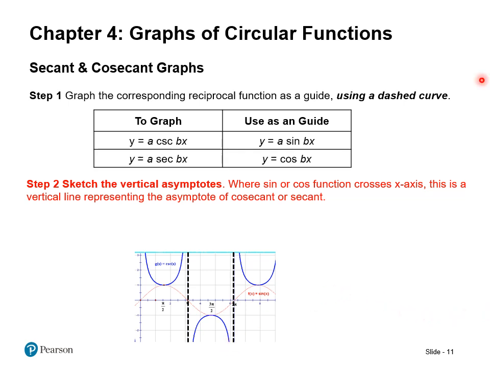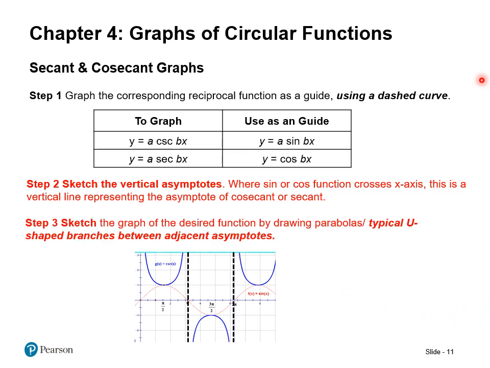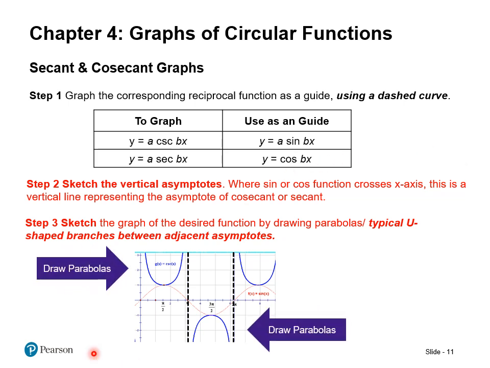And then the last thing we're going to do is sketch the graph of the function that we're looking for, cosecant or secant, by drawing parabolas, which are just U-shaped branches between the asymptotes. Okay? And so what that means is you're simply going to draw a parabola up, meeting at the maximum point, or a parabola down, meeting at the minimum point, and these are going to be between all the asymptotes.